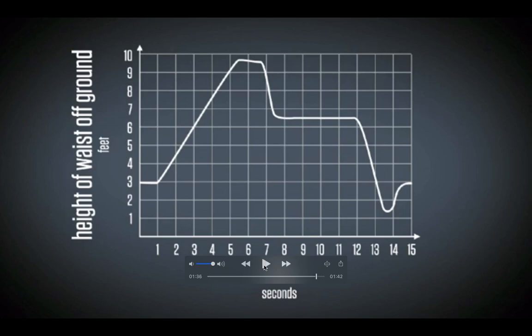All right, so I'd ask you to compare your graph. Did you have that little dip when he jumped up? Did you have that decrease in his height when he flopped down on the slide, and he sat on the slide for several seconds? So do you have a graph that matches?